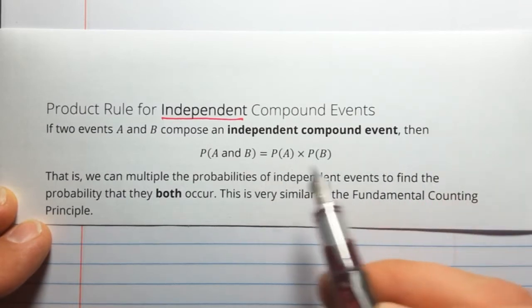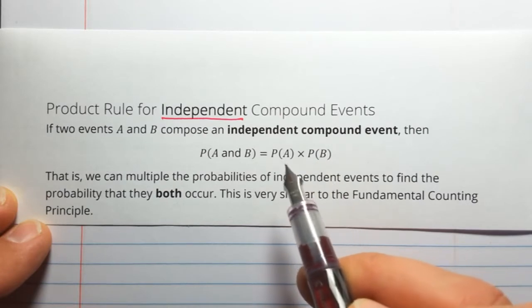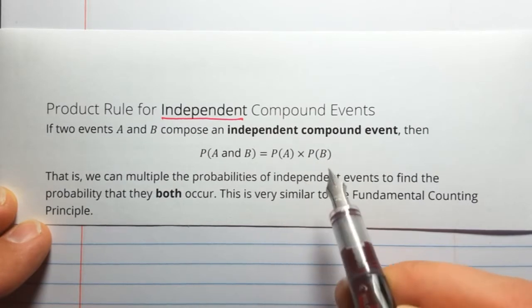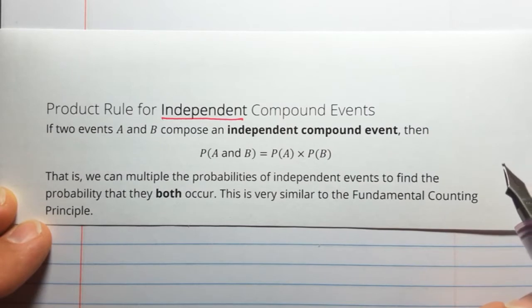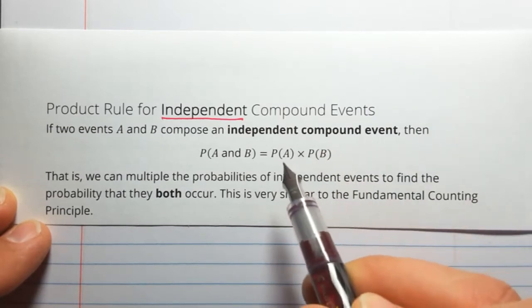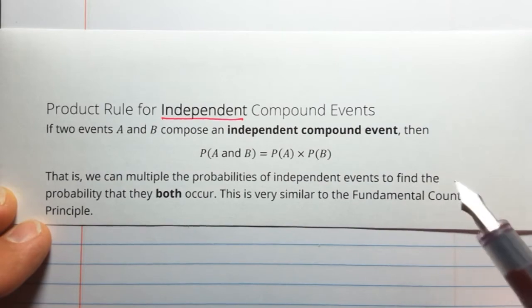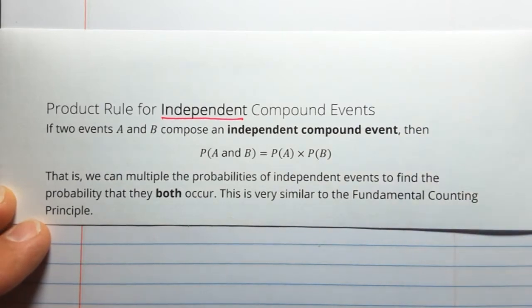So you just multiply the two probabilities together, as long as you don't need to know which specific kind of A happened in order to figure out the probability of B. If the probability of B is consistent regardless of which specific outcomes in this event were the ones that occurred. So that is for independent compound events only.